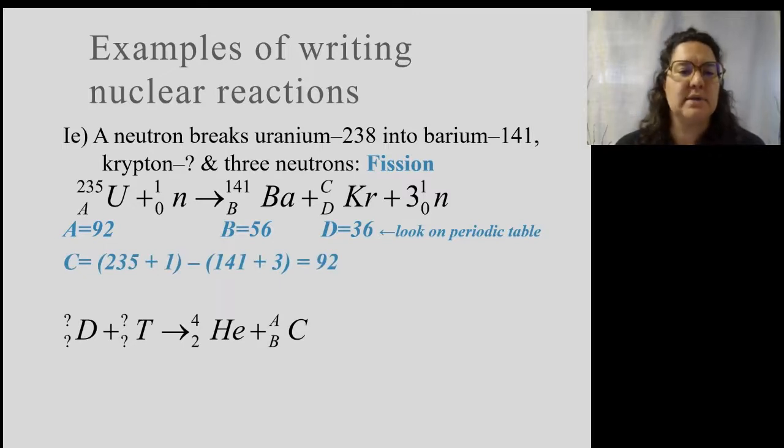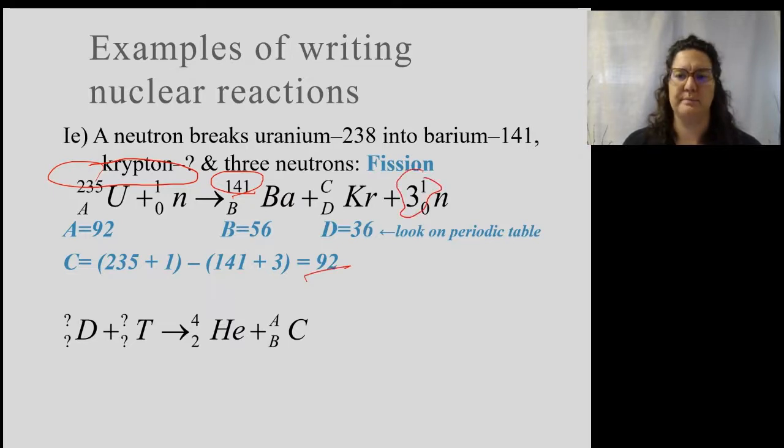Then to compare our left side versus our right side, we take the mass number on our reactant side, which is 235 plus 1, subtract our product side, which is 141 and 3 neutrons, so 1 each, and we're left with 92.